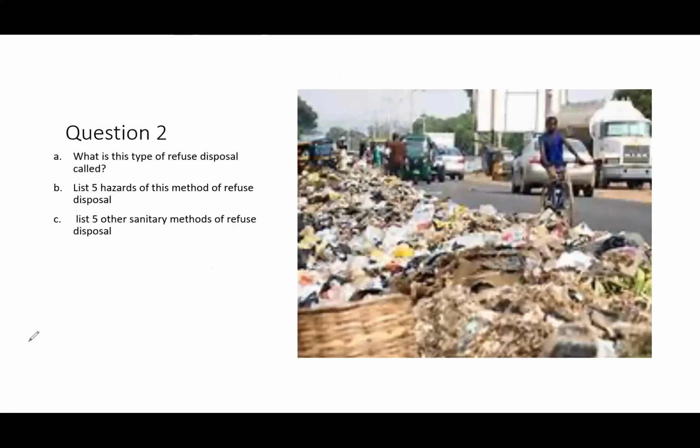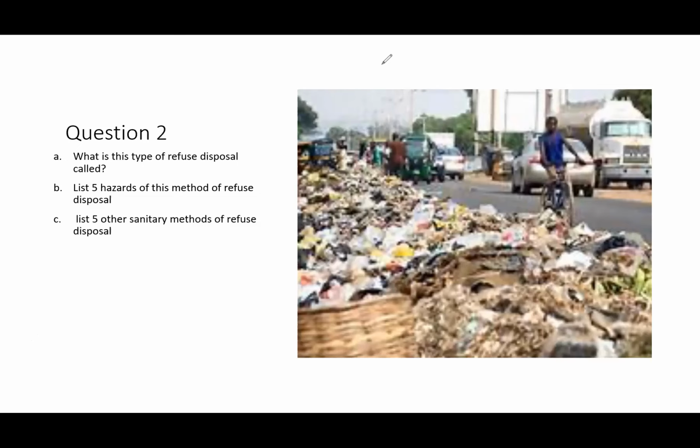Now, the next question is showing a refuse. You can see a refuse here. What type of refuse disposal is this called? You can see this is open dumping. This is something that is common in our society. Okay, you just see open dumping by the side of the road, and it accumulates. In fact, this is a very common environmental pollution.